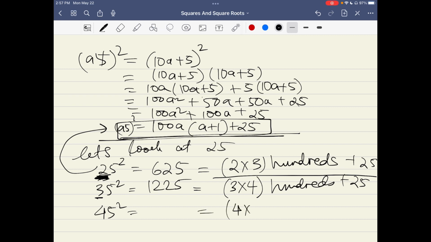It will be 4 times 5, because a is 4 and a plus 1 is 5, hundreds plus 25. So what is 4 times 5? It's 20. So 20 times 100, which is 2000, plus 25. It'll be 2025, right? There we go. So it's easy to find the squares of numbers with 5 as their units place.